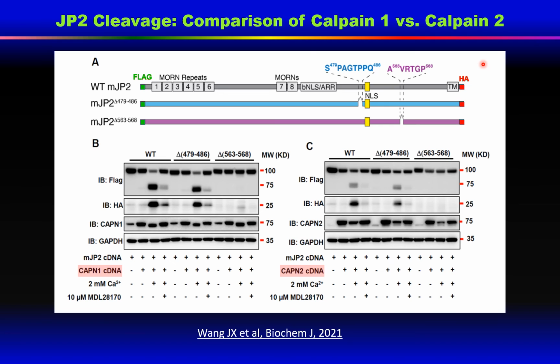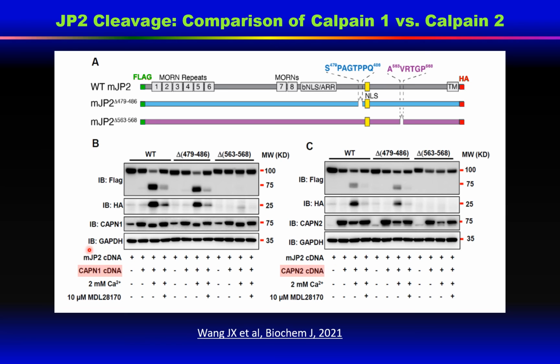We created internal JP2 deletions overlapping these cleavage sites and expressed the plasmids together with Calpain-1 or Calpain-2 in HEK293 cells. Then we used protein lysates to perform an in vitro calpain cleavage assay.